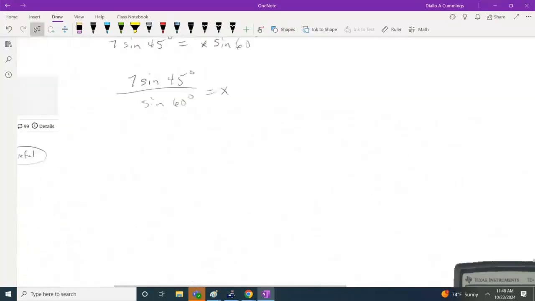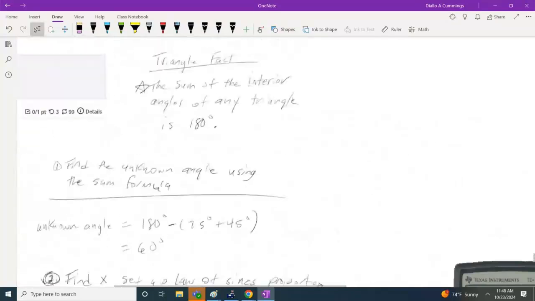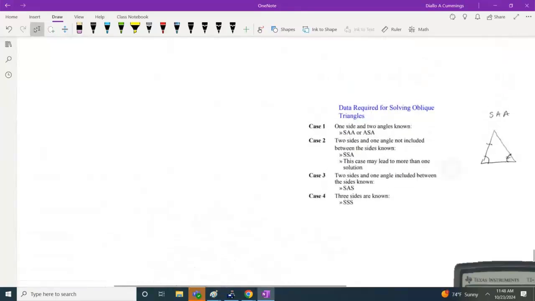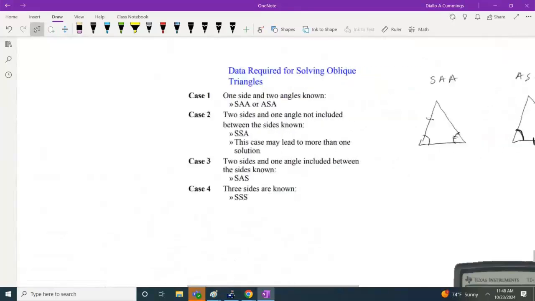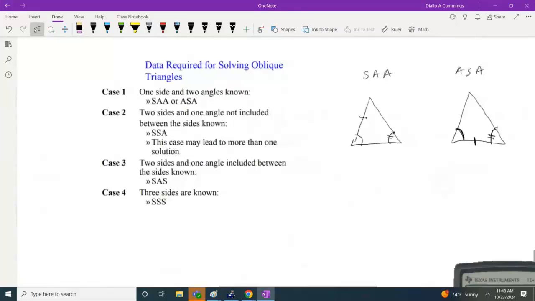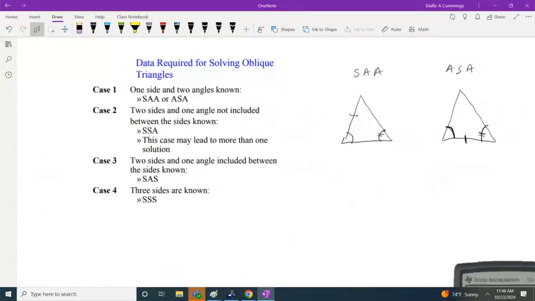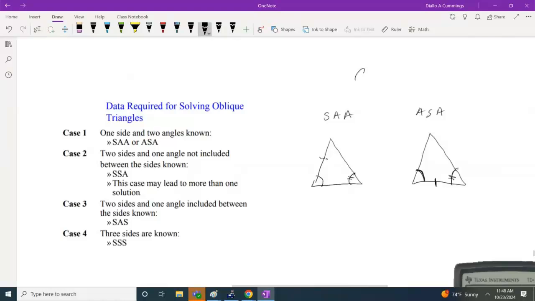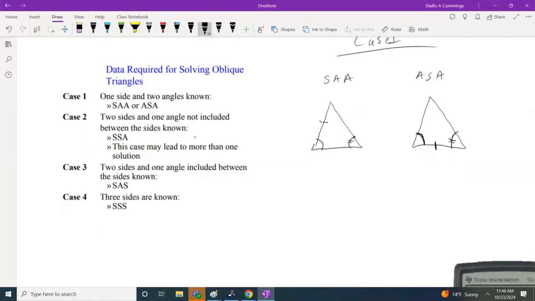Now, the reason why I point this out is because if you're given a special set of dimensions, you've got to be careful. All right, so this is the angle side angle setup, which is case 1. Case 2 is called the ambiguous case.